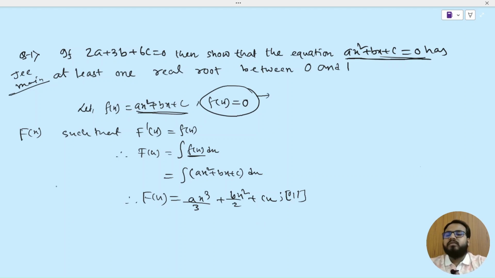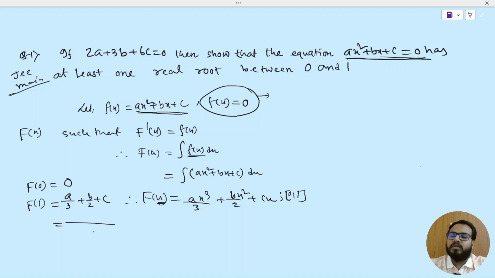In order to prove that, we have to find F of 0. Clearly, if we replace x by 0, it becomes exactly 0. Now, if we calculate the value of F of 1, replacing x by 1, it becomes a by 3 plus b by 2 plus c.